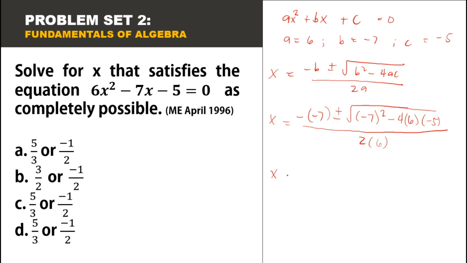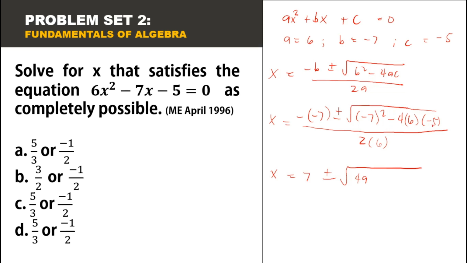So x equals negative 7 times negative, that is 7, plus or minus the square root of 7 squared, that is 49, minus 4 times negative 5, that is negative 20, times 6, that is 120.